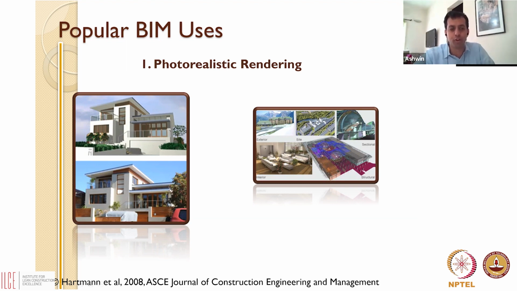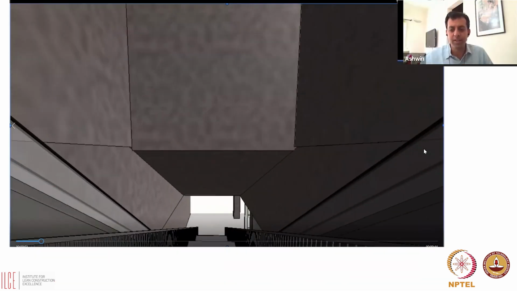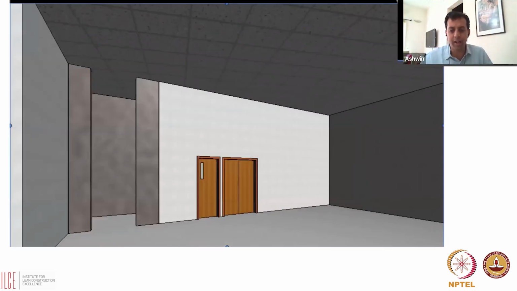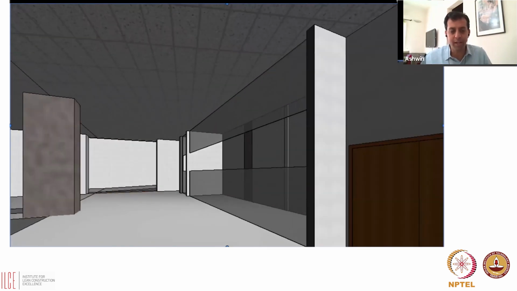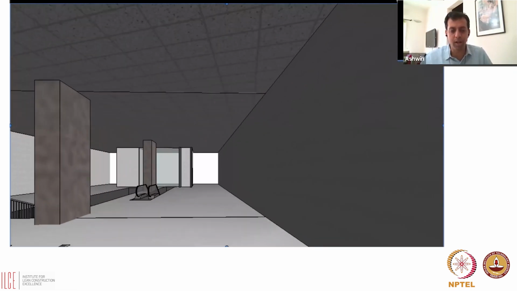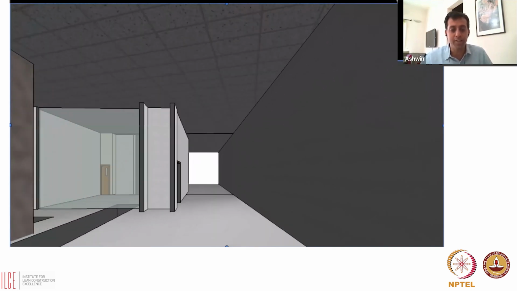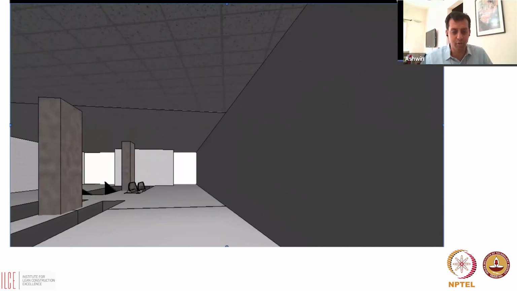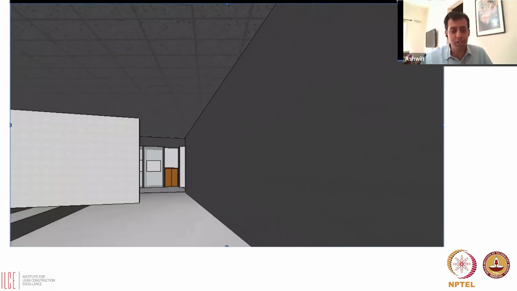Let me show you one example. This is a very simple walkthrough of a metro rail underground station. Once you have a three-dimensional BIM model, it's just a question of plotting a route through the model and asking the computer to show you that route. Literally, this can be done in a few seconds. And you can change these walkthroughs.